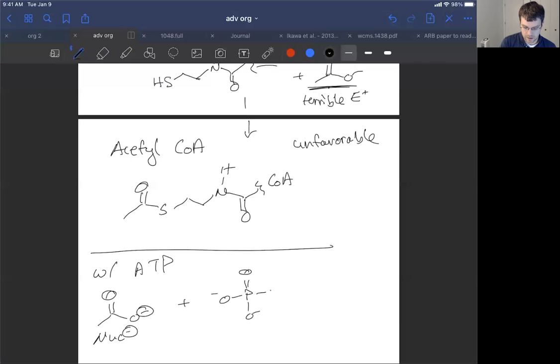Namely, I want to emphasize it's the exterior phosphorus that's electrophilic in most ATP reactions. You don't have to draw all of this; I ran out of room. So it's this bond right here that we're going to focus on breaking.